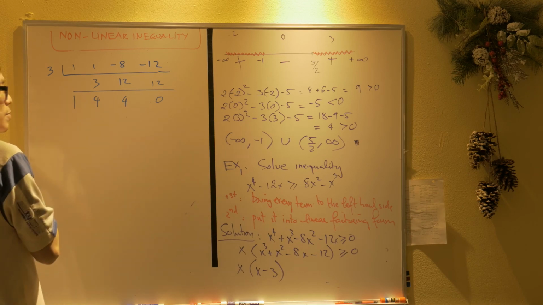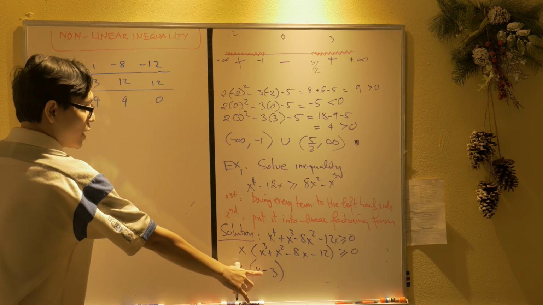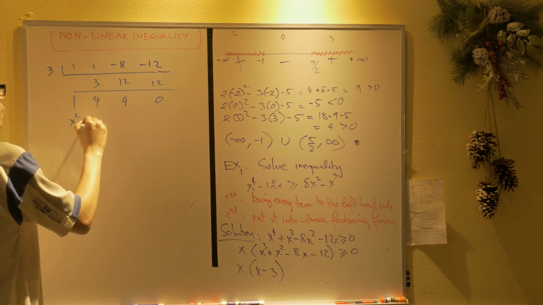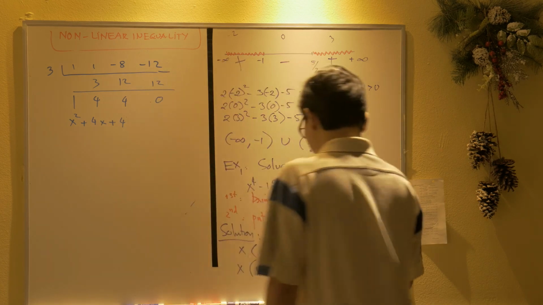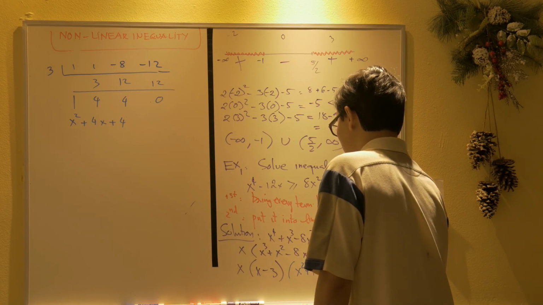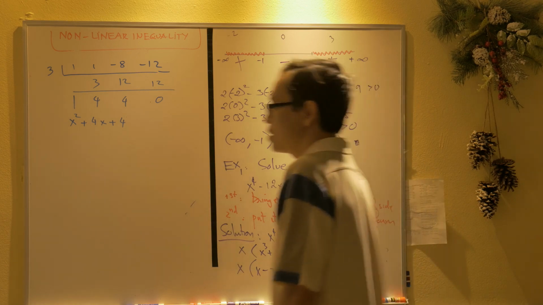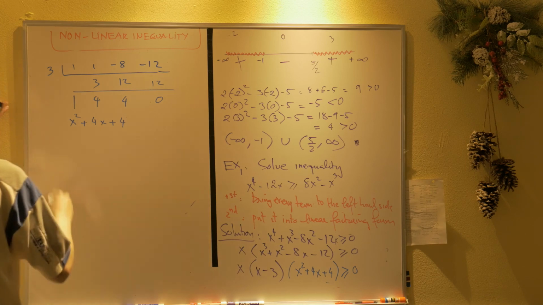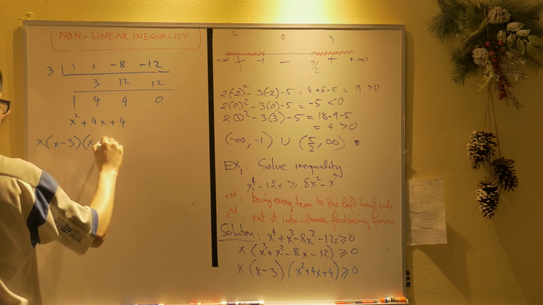Our next factor will be x squared, because this is to the third power, so we have x squared plus 4x plus 4 greater than or equal to 0. And x squared plus 4x plus 4 is actually x plus 2 squared.